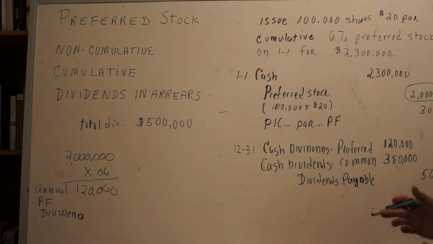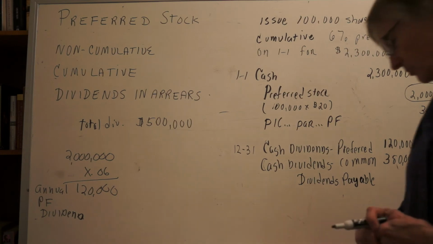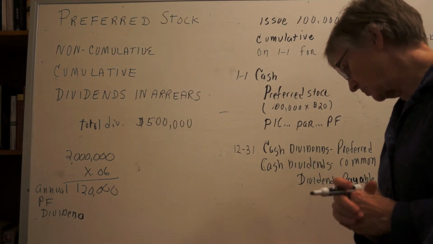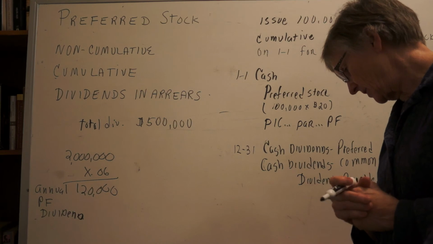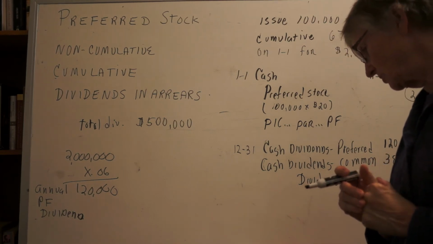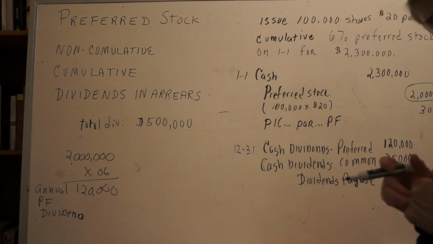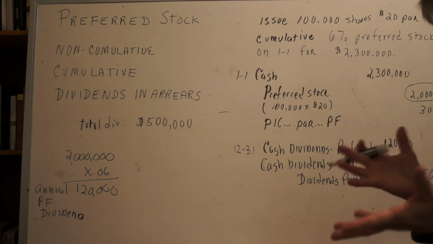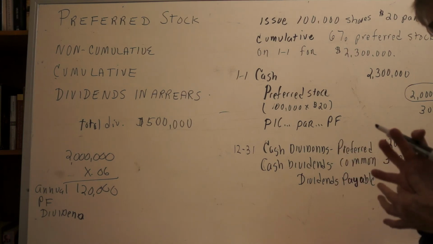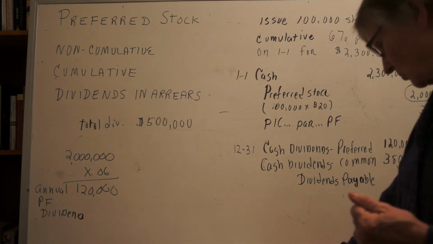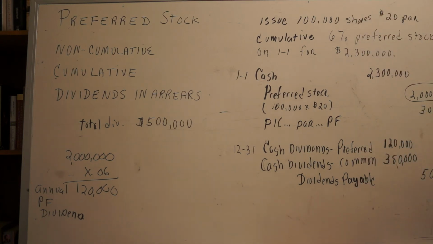Now, it says if it were cumulative preferred and they hadn't paid a dividend for the first couple of years, since this is in 2016 they're working, then this would be a little bit different.